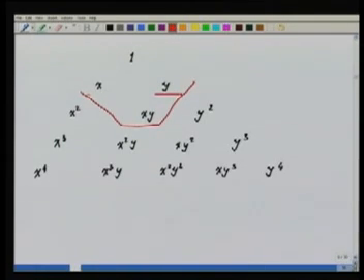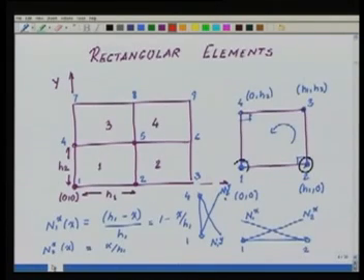Similarly, if I want to define now the quadratic shape functions, how do I define them? I will simply add, on each of these edges, the intermediate points. So on these edges, again we connect these points just like we had done for the triangles.